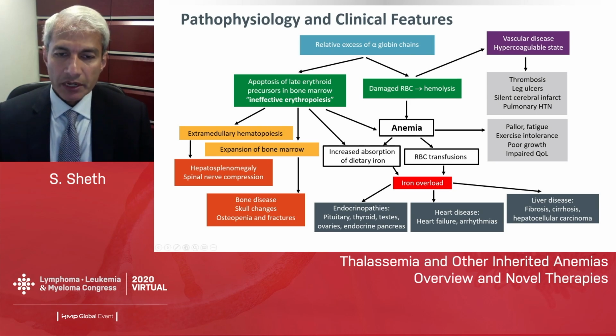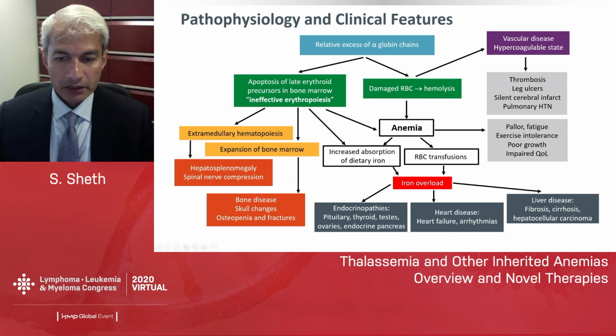This might lead to increased iron absorption from the gut, as well as a need for red cell transfusions, which can be variable depending on how much hemoglobin you actually make, how many effective red blood cells you actually make. Both the red cell transfusions and the increased absorption result in iron overload. This iron overload affects the liver, which can cause fibrosis, cirrhosis, and hepatocellular carcinoma.